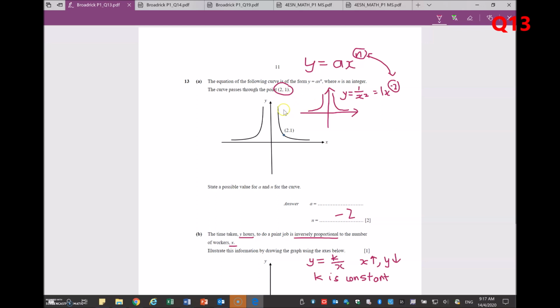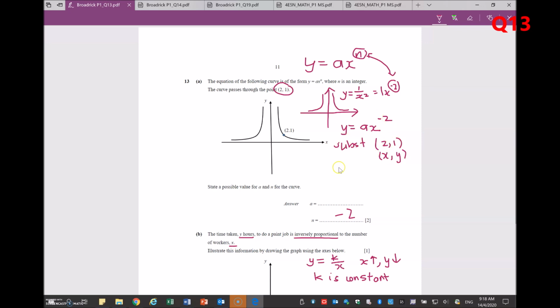Next, I need to find the unknown value of a using the information that this point is actually on the graph that is given. So now I'm going to write down my equation, which is y equals ax to the power of negative 2, since my n is negative 2. Now I substitute the point (2, 1), its x and y coordinates, into this equation.